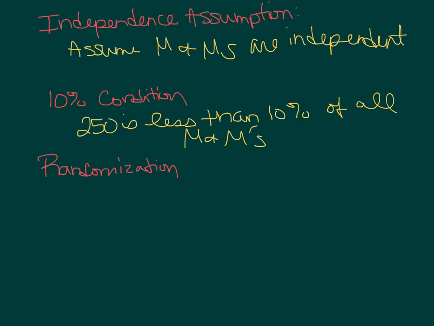Randomization is a little harder because we don't know that this is a random sample of M&Ms. So what you actually can say that would be even better than randomization is that you can assume that your bag, that these M&Ms, are representative of all M&Ms.